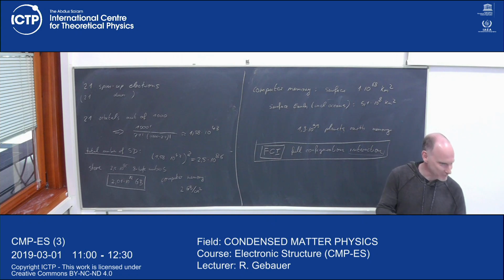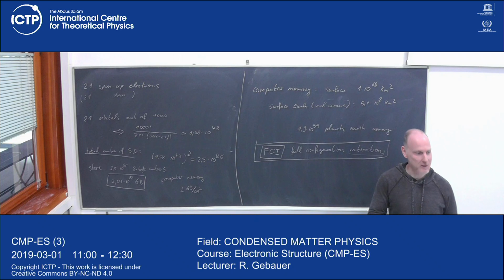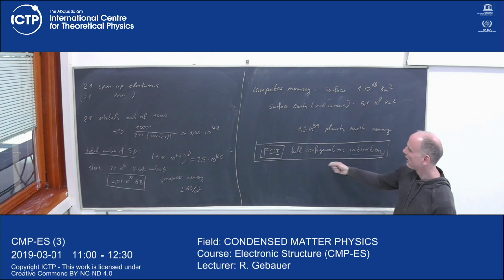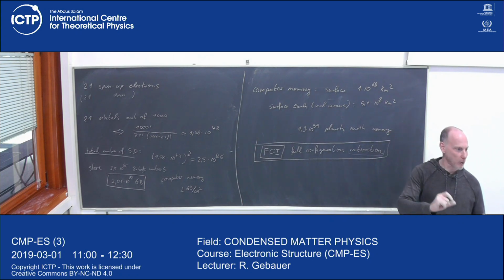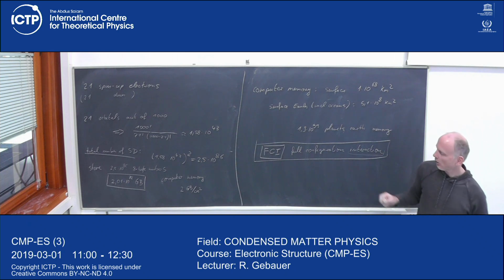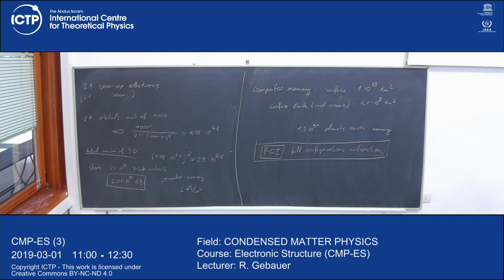It has something to do with symmetry, okay, but in principle when a chemist talks about a configuration, he means what we physicists mean by essentially a Slater determinant. Okay? So they take full configuration interaction as optimizing your wave function amongst all possible Slater determinants. FCI, if you could do it, you would do it.